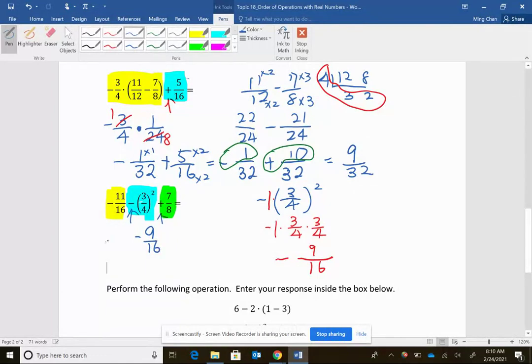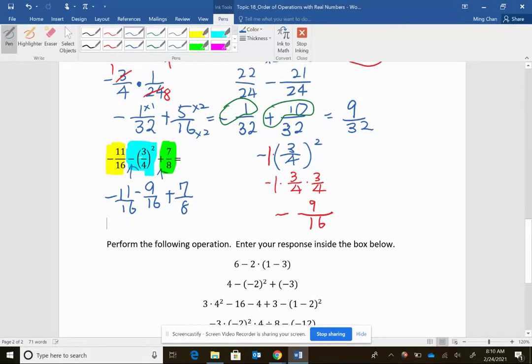My first term, negative 11 over 16, and plus 7 over 8. So the problem now reads negative 11 over 16 minus 9 over 16 plus 7 over 8. As you can see, the LCD is now going to be 16. So I'm going to write one big denominator, 16.